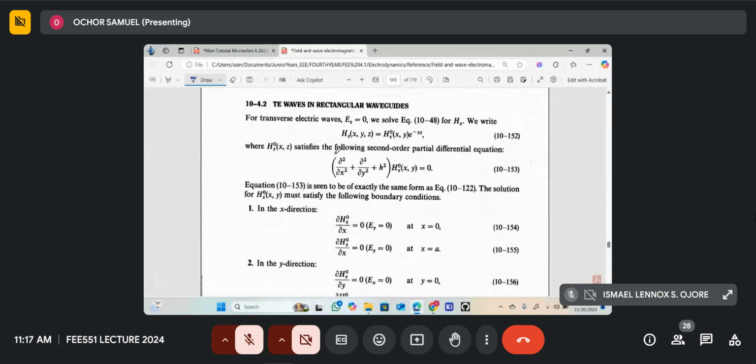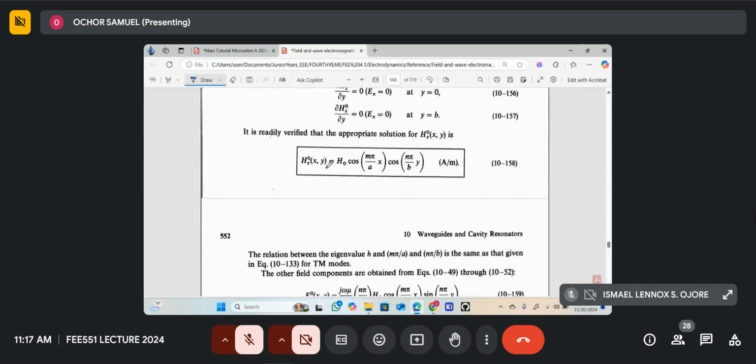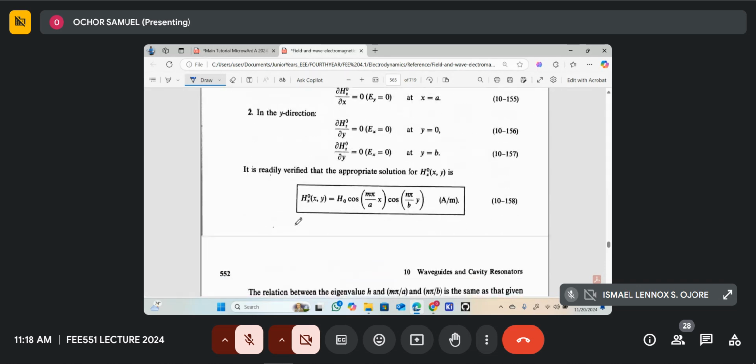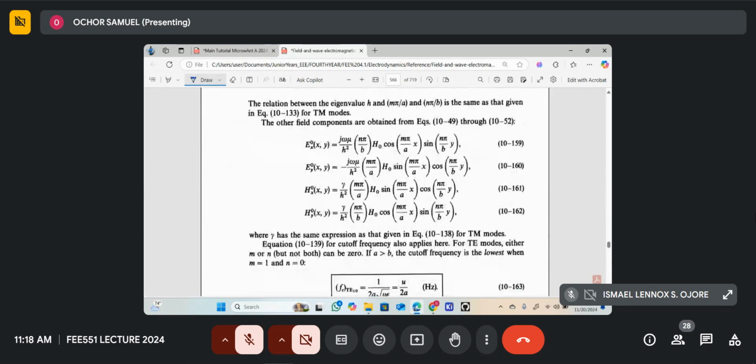Okay, so Eriko, this is the expression for TE. Because for TE we have EZ as 0, we are solving for HZ. This is the expression for HZ, and here are the others, as you were saying. This is TM.